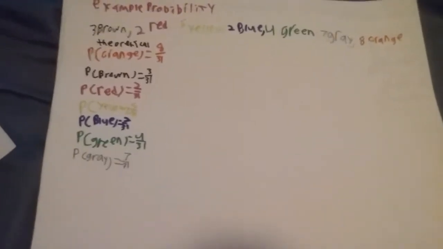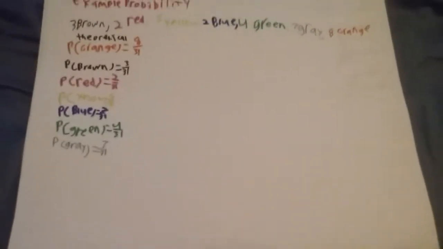And so I have an example problem right here. Let's say you have 3 brown cards, 2 red cards, 5 yellow cards, 2 blue cards, 4 green cards, 7 gray cards, and 8 orange cards. And so what you would do is figure out what you have out of that.